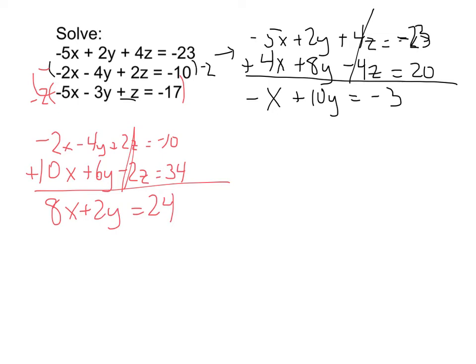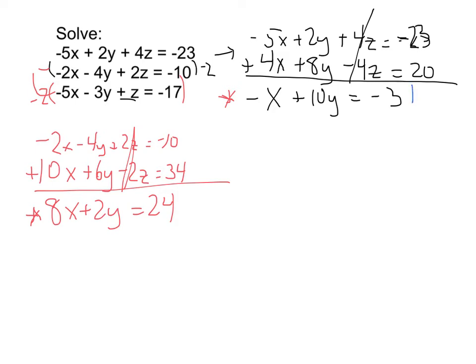Okay, so now I'm going to take the two equations that had two variables that I just starred in red, and I'm basically going to solve that system just for x and y. Again, as we've talked about before with elimination, if you have a coefficient of 1, take advantage of it.